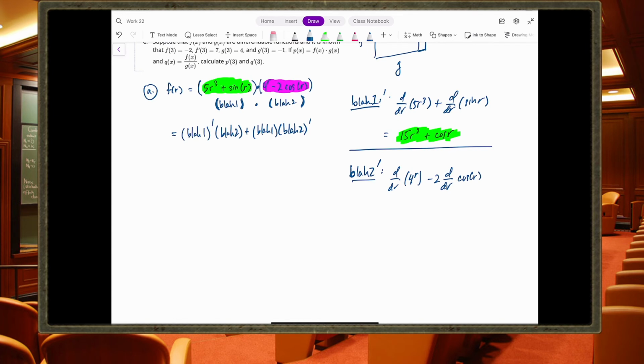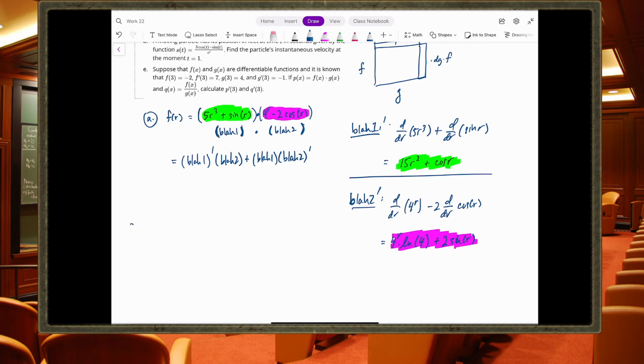The derivative of 4 to the r is just 4 to the r times the ln of 4, minus 2 cosine of r. The derivative of cosine of r is negative sine, so we actually get a plus 2 sine of r here. All right, and so this is where we get the derivative of our second wedge.